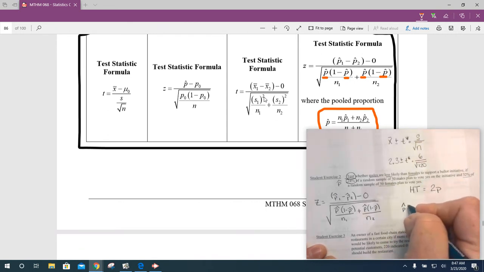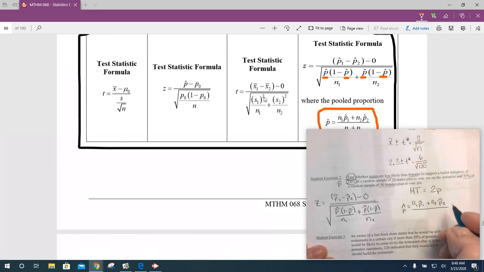So we're going to have to go off to the side and take the n value, the number of set 1, times its proportion, plus the number of things in set 2 times its proportion, all divided by the pooled value, which is N1 plus N2.